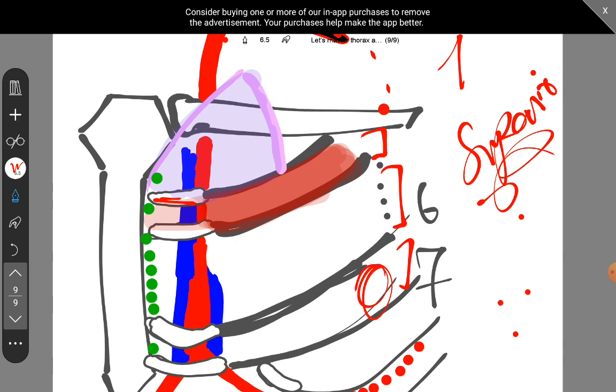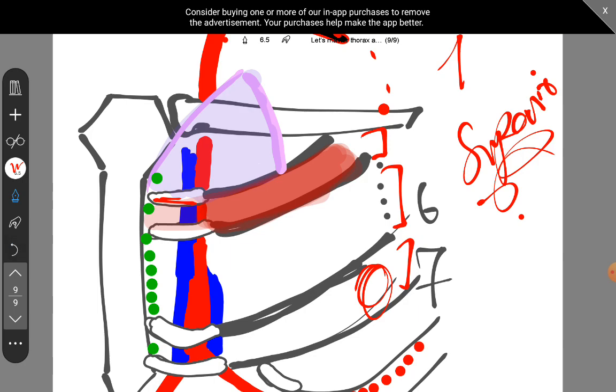If we remember here, the external intercostal muscle ended at the costochondral junction and continued here as the anterior intercostal membrane. The artery is 1/2 inch from the sternum, which here occupies the anterior intercostal membrane. Behind it, there's the internal intercostal muscle.